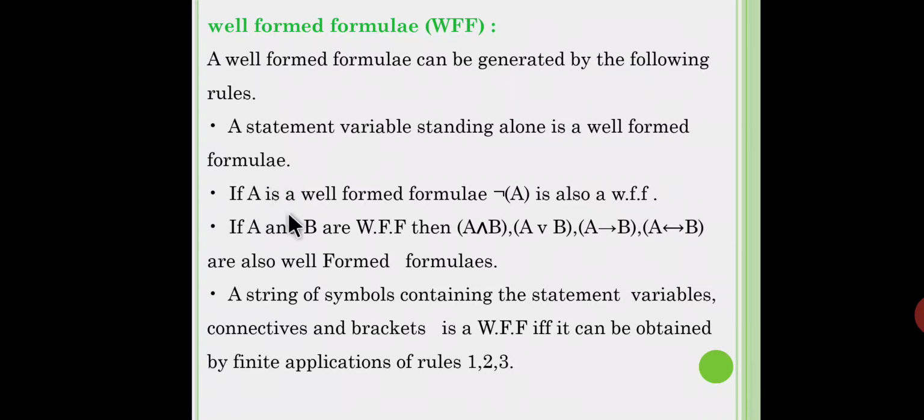Second condition, if A is a well-formed formula, negation A is also a well-formed formula. So if A is a well-formed formula, then the negation of that given proposition is also a well-formed formula. If A and B are well-formed formulas, then the connectives of A and B, that is A conjunction B, A disjunction B, A implication B and A biimplication B, are also well-formed formulas.